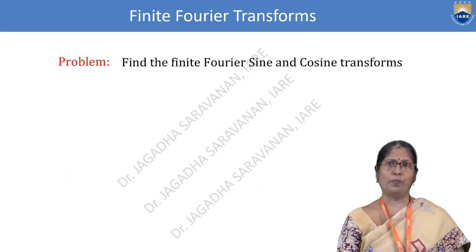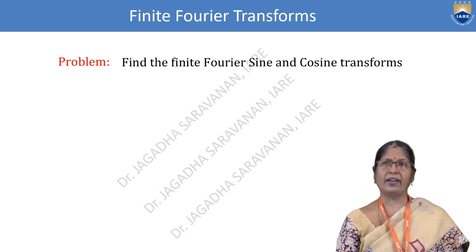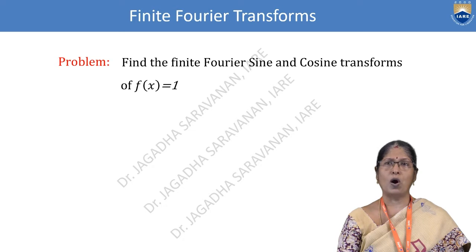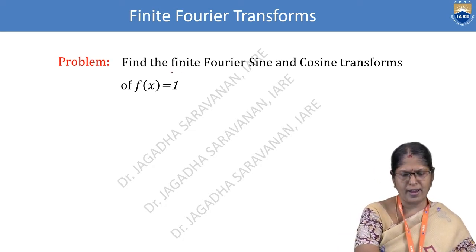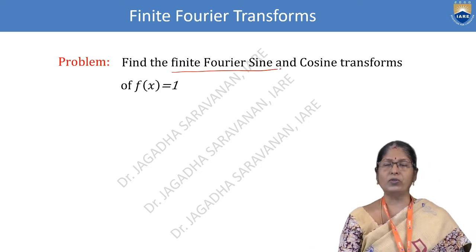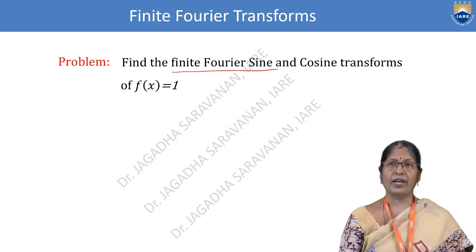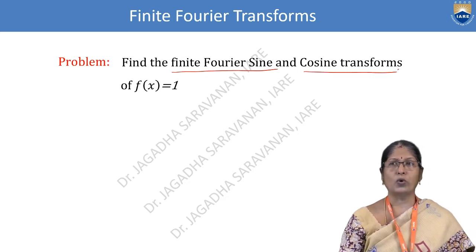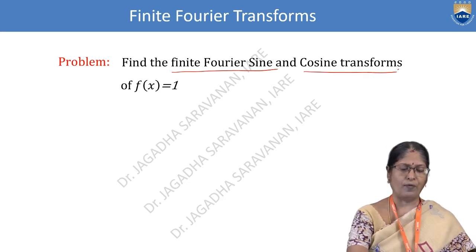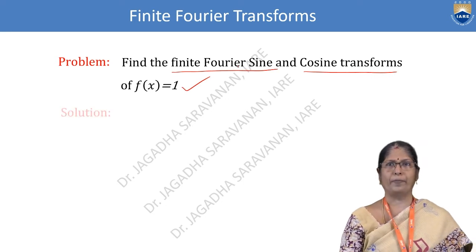The first problem: find the finite Fourier sine and cosine transforms of f of x equal to 1. Clearly it is given to use the finite Fourier sine transform and finite cosine transform of f of x equal to 1.